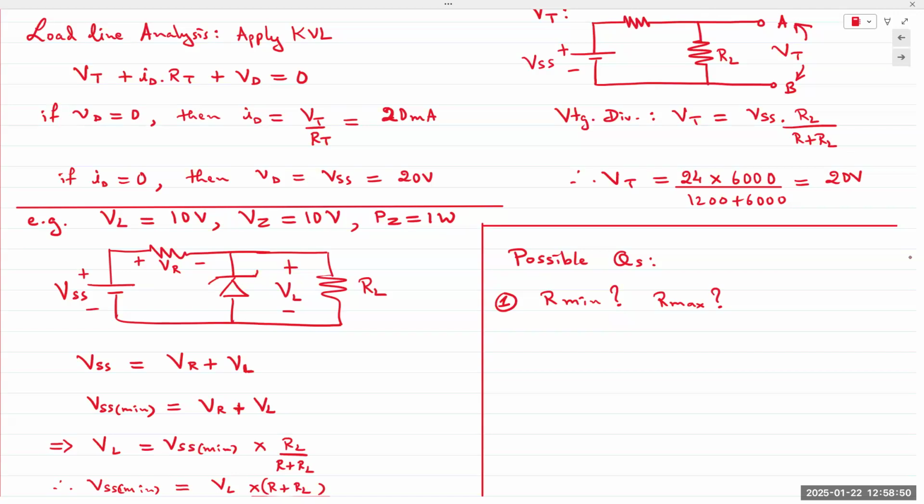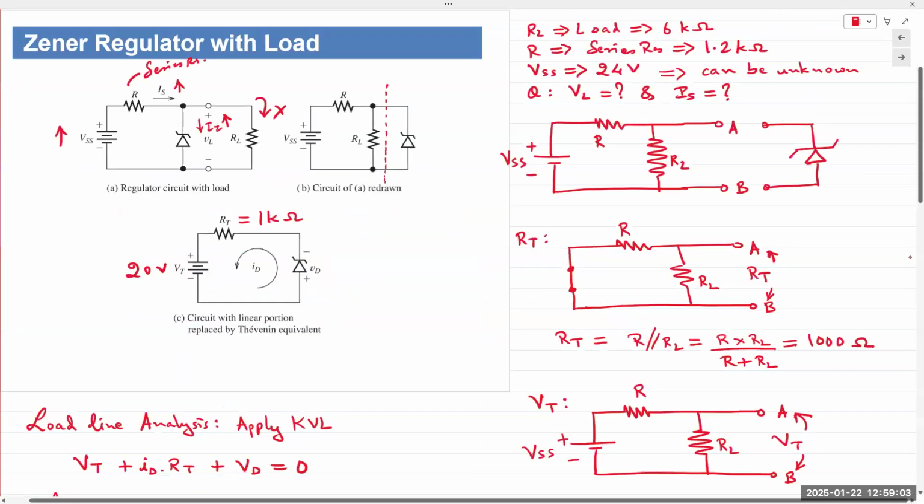If R is lower than R min, the total current coming from the supply would be high and would exceed the power rating of the Zener diode. So we recall the KCL expression we applied and do a back calculation, and we could find R min and R max from those steps.